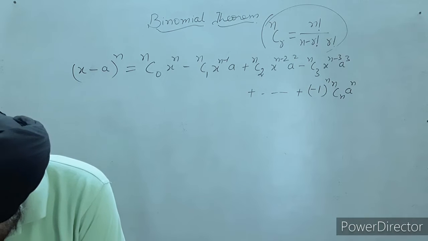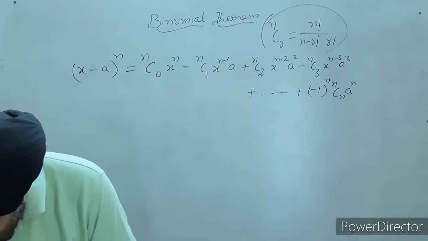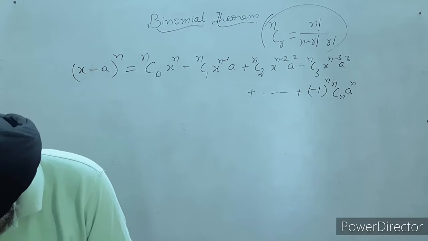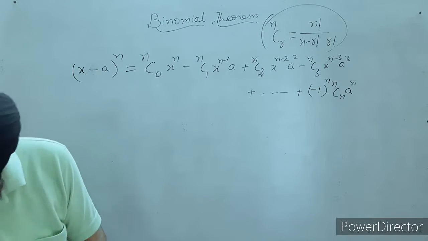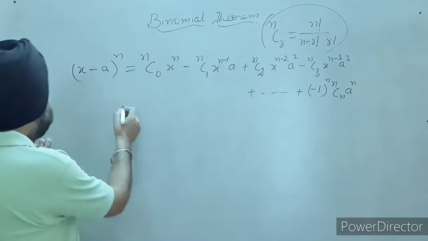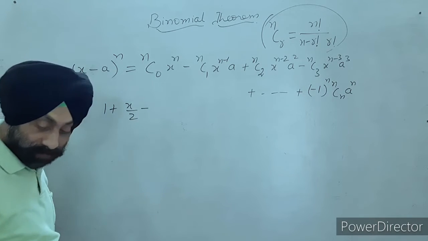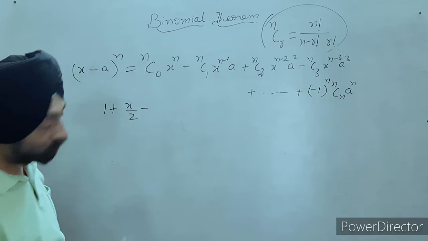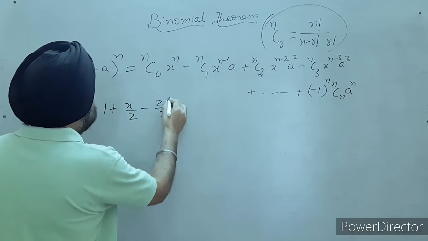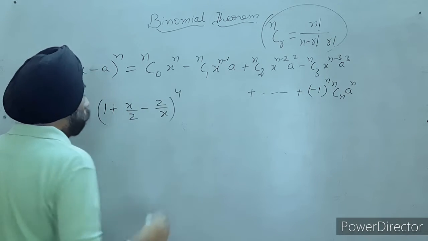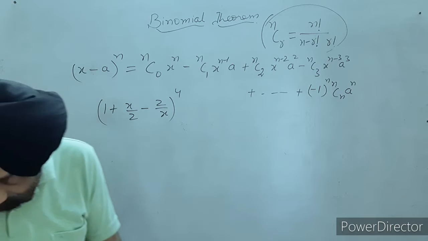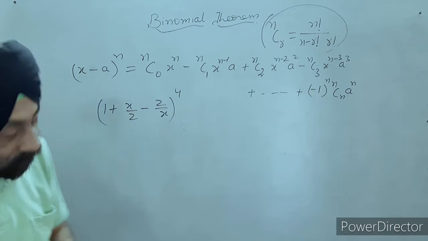Now we can also calculate it like this. Say there are more than two terms, like 1 plus x by 2 minus 2 upon x, all raised to power 4. Now how can we calculate this? It is very simple.